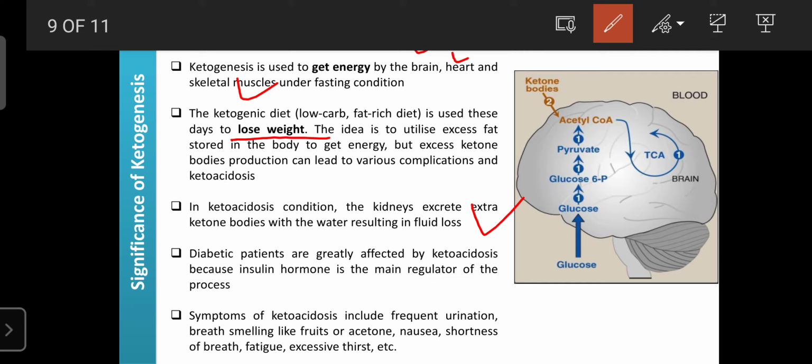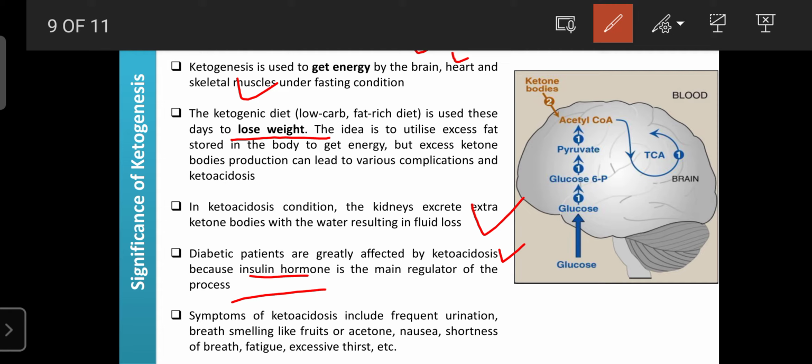That's why the kidney is also affected, due to ketoacidosis or extra secretion of ketone bodies. Diabetic patients are generally affected by ketoacidosis because of the insulin hormone. Insulin is the main regulator for this process, and it can inhibit certain processes.